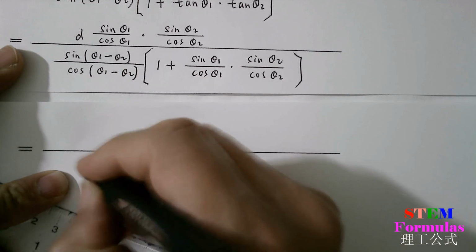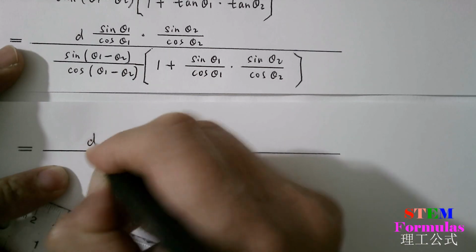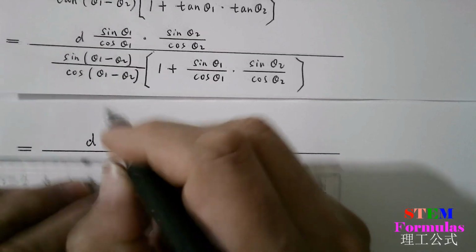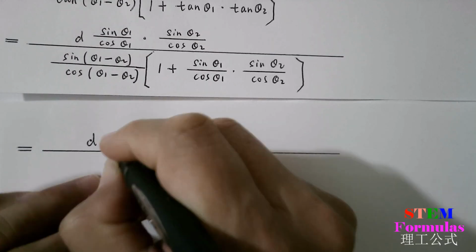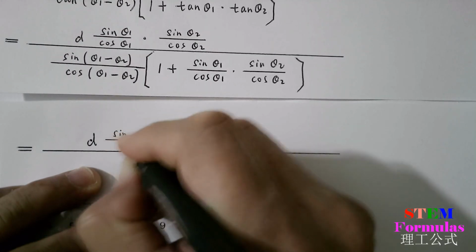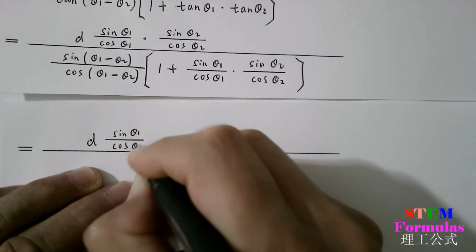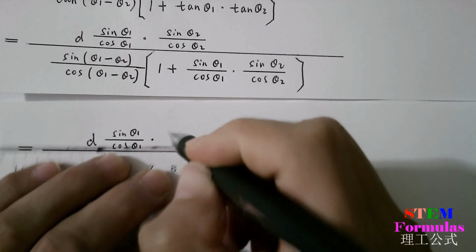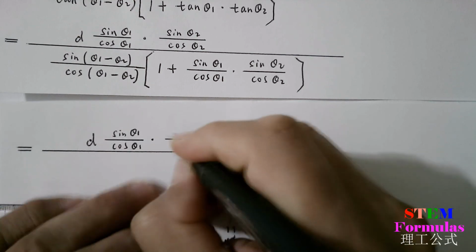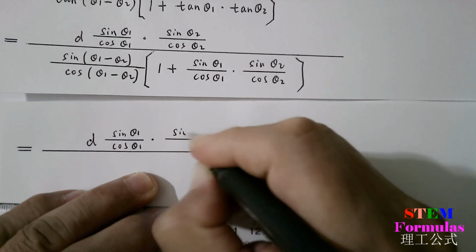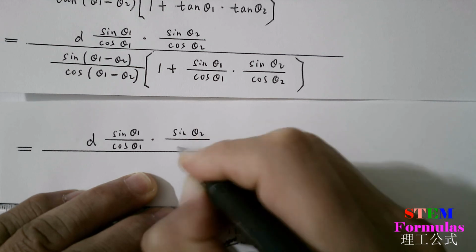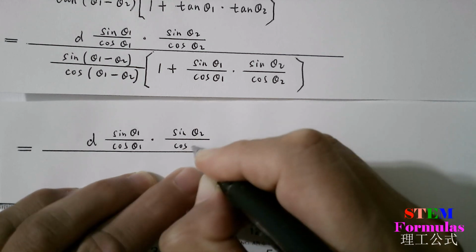On the top, I just copy down here: sine theta 1 over cosine theta 1 times sine theta 2 over cosine theta 2.